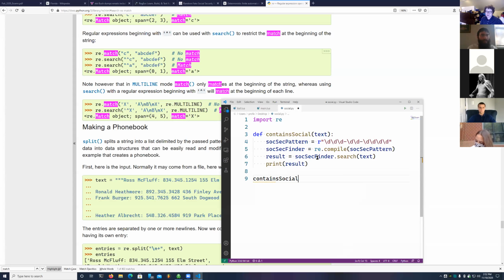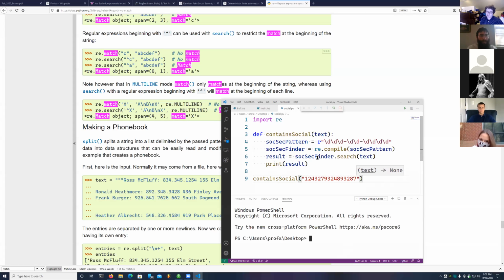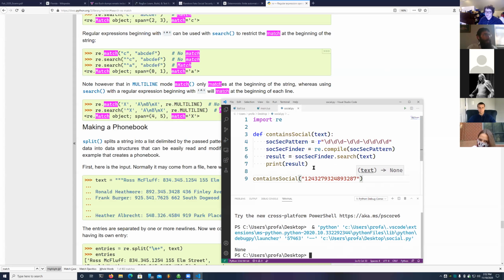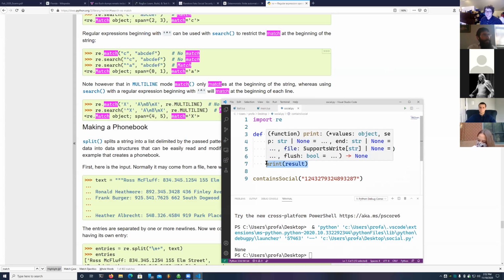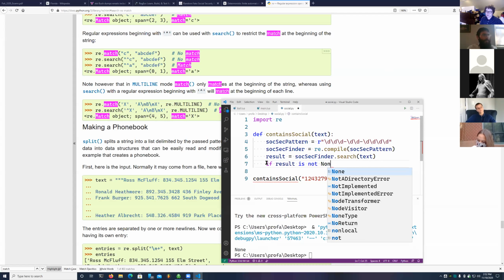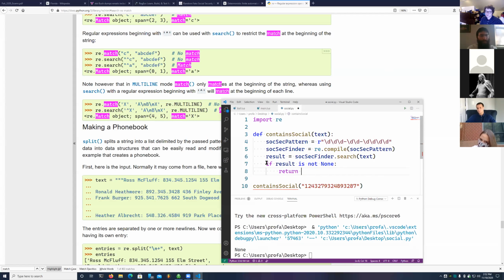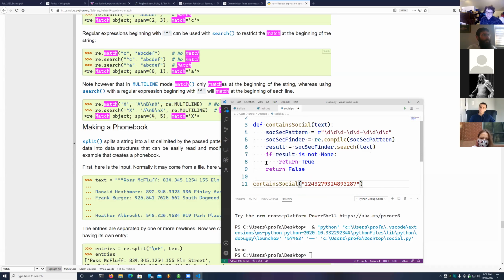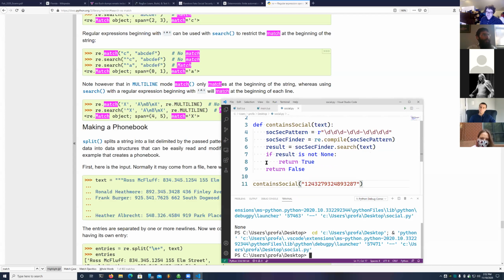So let's do contain social, and I'm just going to type in random stuff here and run it. And it says None. So, okay, that works. So all I have to do is say, if result is not None, in other words, if it exists, so this is one way we do it. Does not contain, I've got to print it out.